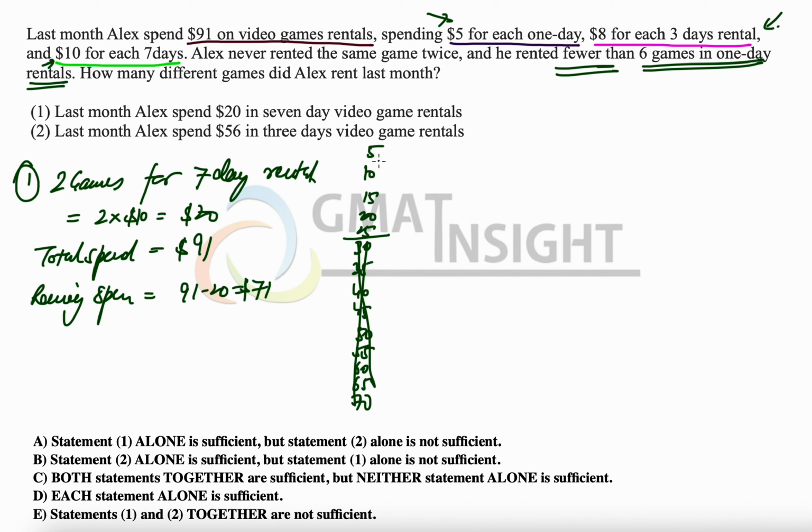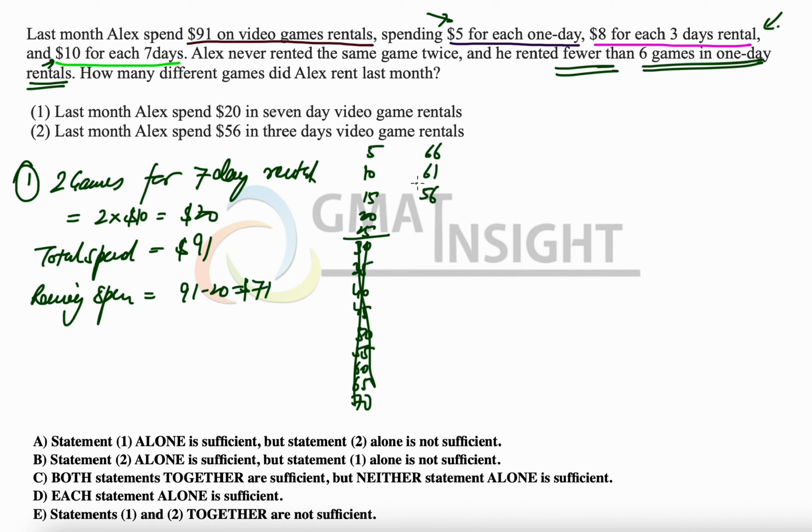Right. If you took just 1 game here, then 71 minus 5, the remaining is 66. Is 66 divisible by 8? No. Let's move on. So if he spends $10 here, then the remaining amount, 71 minus 10, is equal to 61. Nope, that is again not divisible by 8. Again, if he spends $15 on 1 day rental, then 71 minus 15 would give us 56.